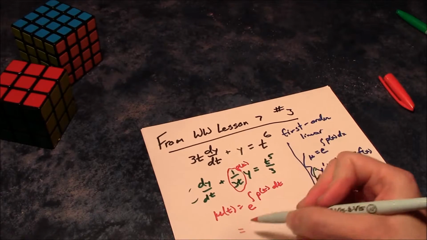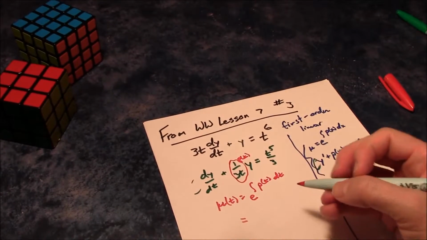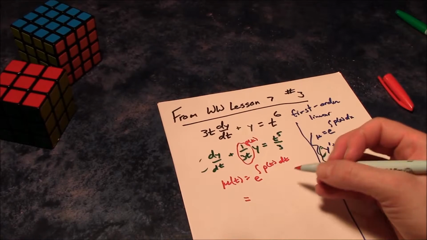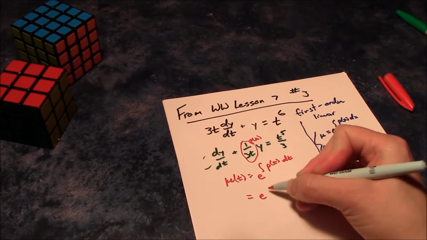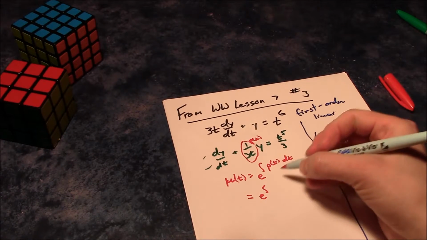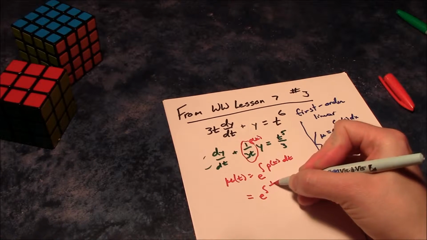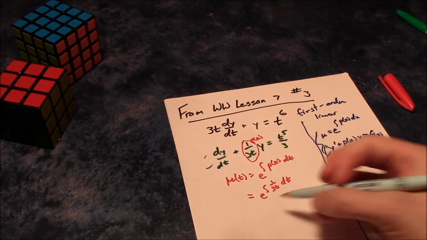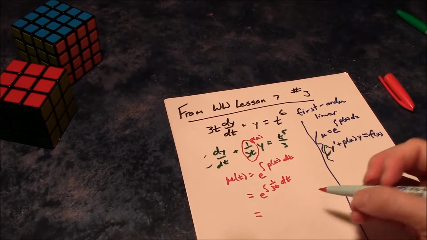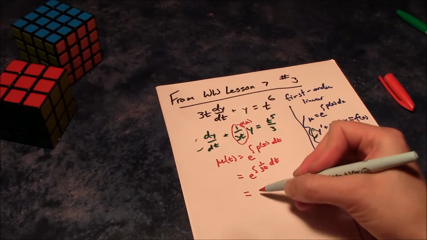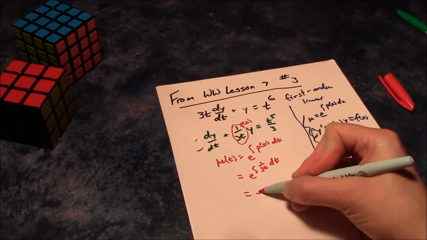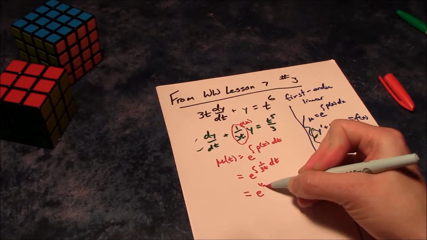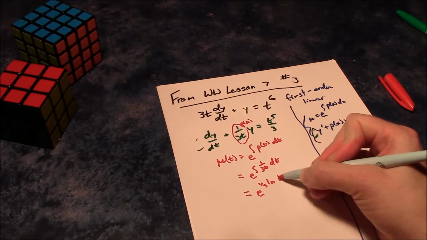So this will be mu equals e to the integral of 1 over 3t dt, which is e to the 1/3 natural log of t.